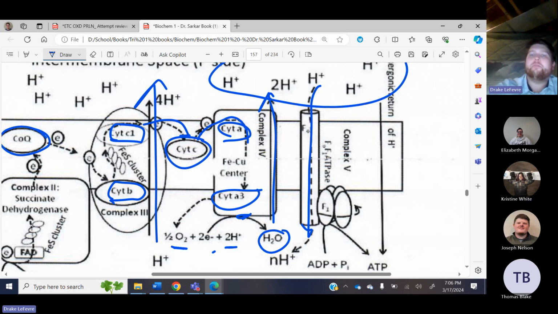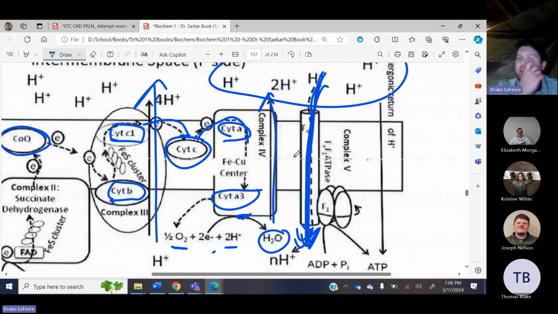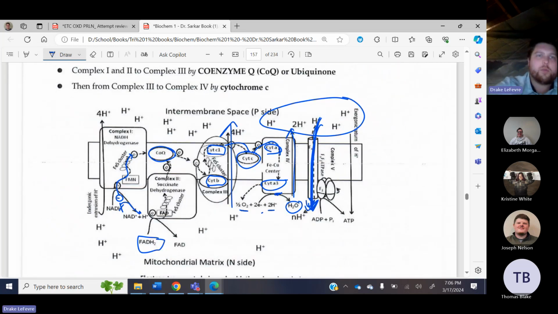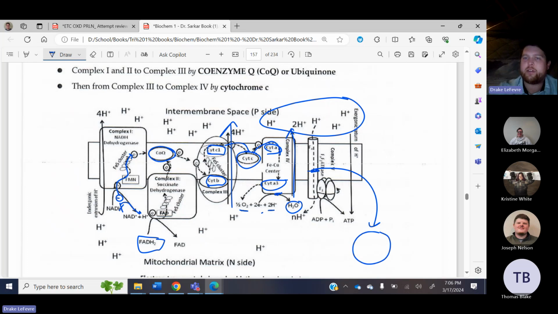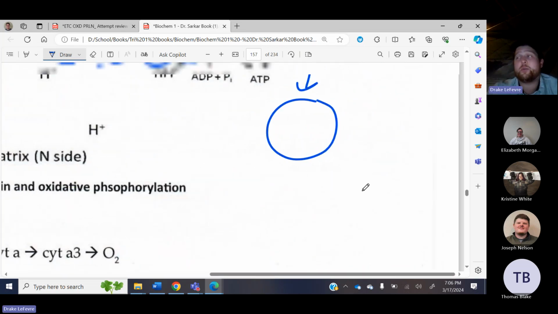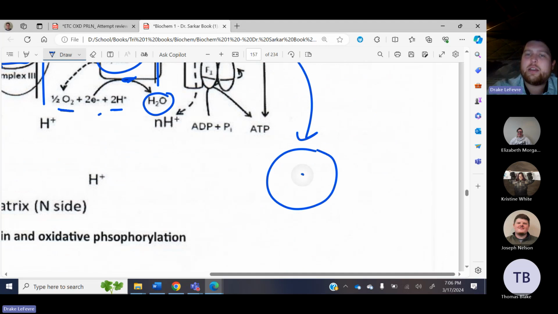This movement of hydrogens through here, I like to think of it like if we were to make a cut right here and then kind of turn it, so we're looking down inside of it. This is super simplified, but the good way to think about it is there's essentially like a wind turbine or a water turbine inside of here that as the hydrogens flow through, it pushes it and makes this spin.